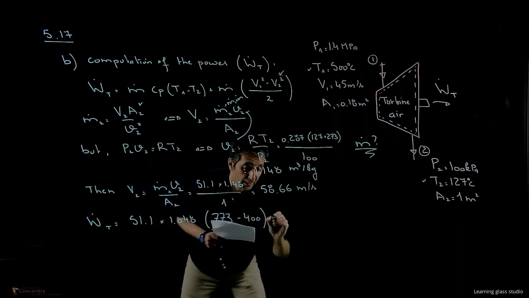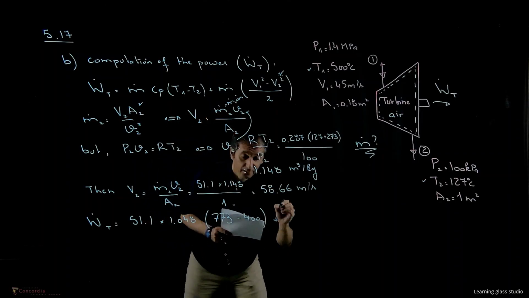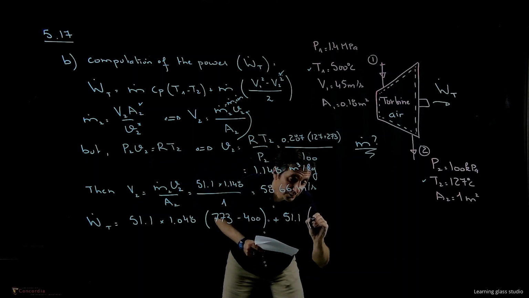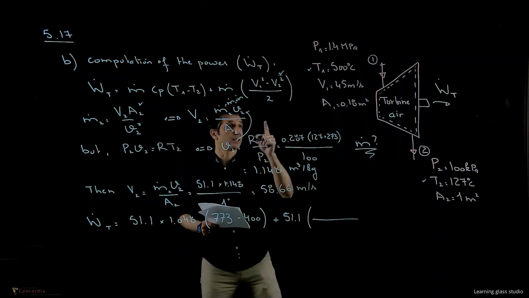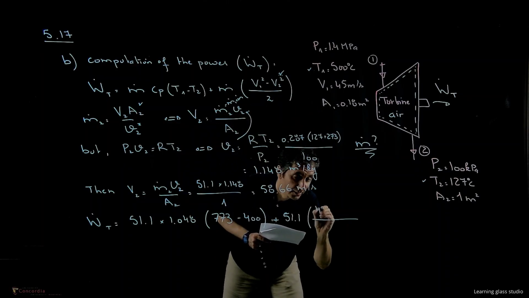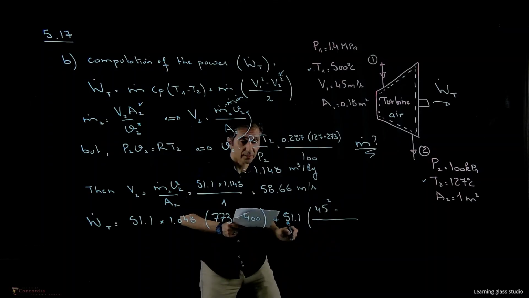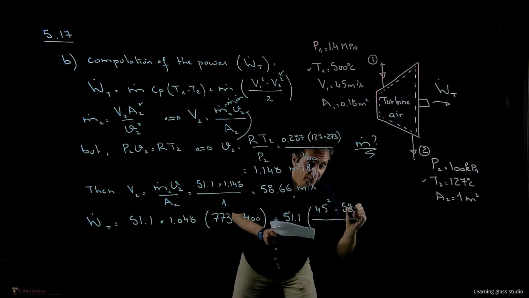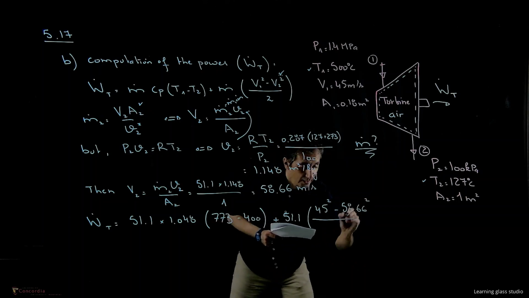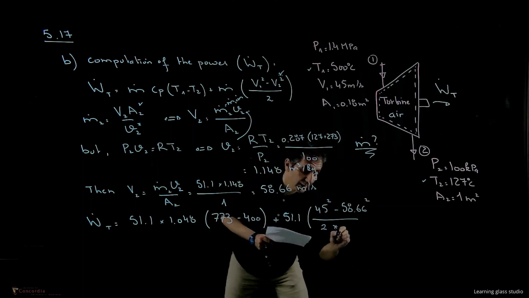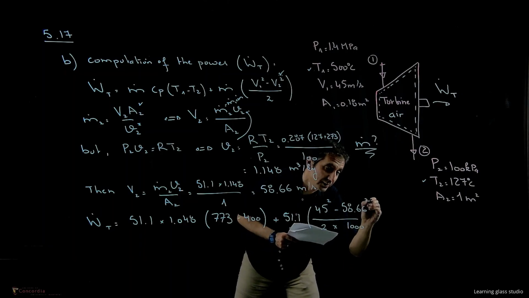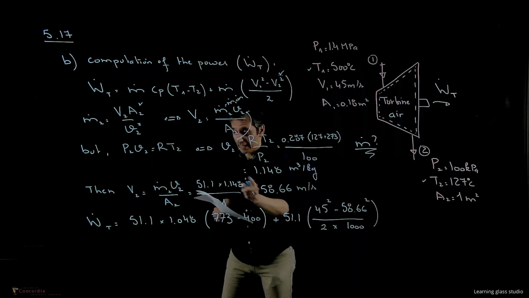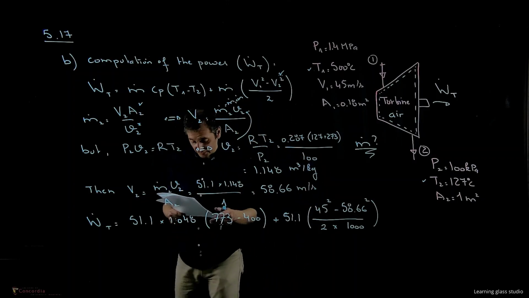Plus the mass flow rate again, 51.1, times the velocity V1, it's given, which is 45 meters per second, squared, minus V2, which is 58.66 squared, over 2. And be careful again, we divide this term by 1000 to have it in kilojoules per kilogram, otherwise it will be in joules per kilogram, and it won't match this one in terms of units.